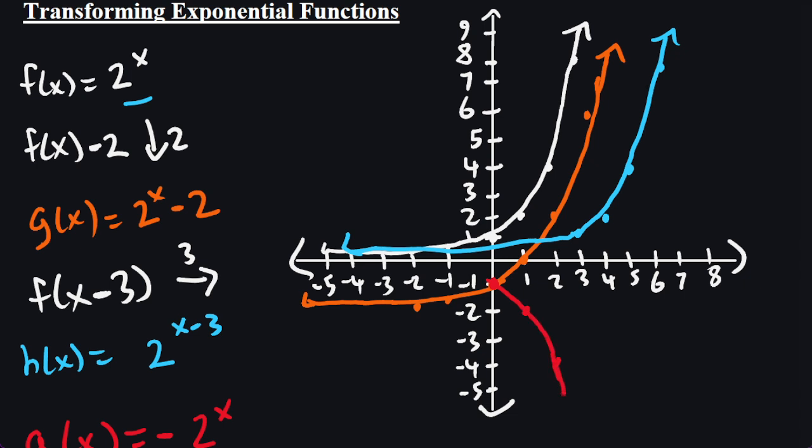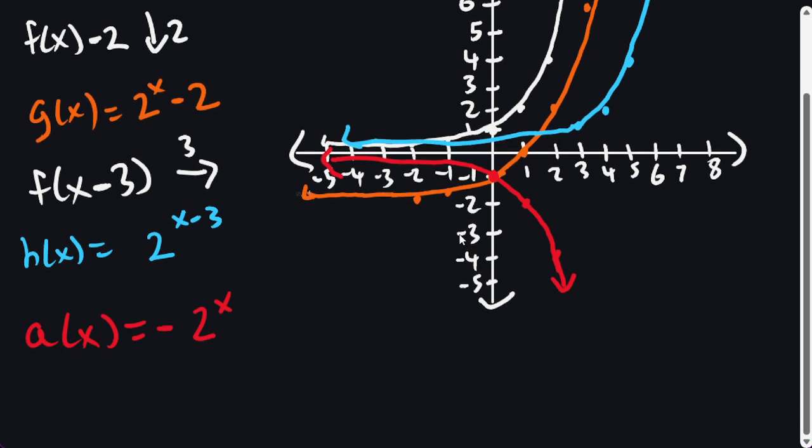Let's just draw this part of the graph. And then the left side will still have the same asymptote at y equals 0 on the x-axis. So that's how we graph a of x. That's how we reflect our exponential function over the x-axis.